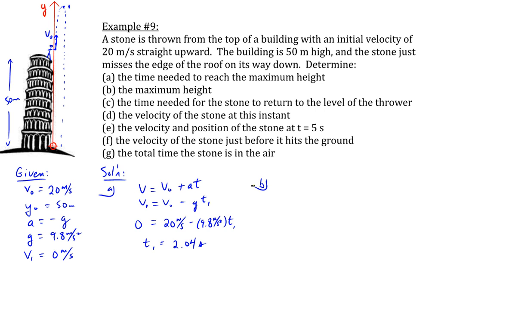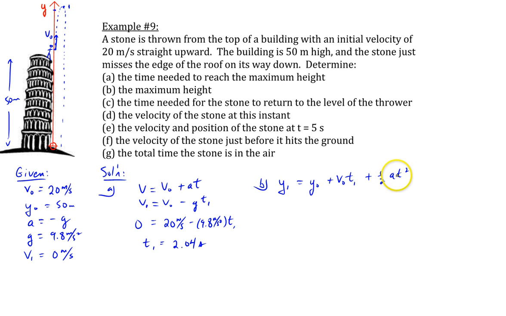Part B, we're looking for the height right here on the y-axis for that position. You could either report it from the top of the building or from the ground level. So I'm going to use my position function. y final, y1, is equal to y initial plus the initial velocity times t1, I just figured that out, by the way, plus 1/2 at squared.